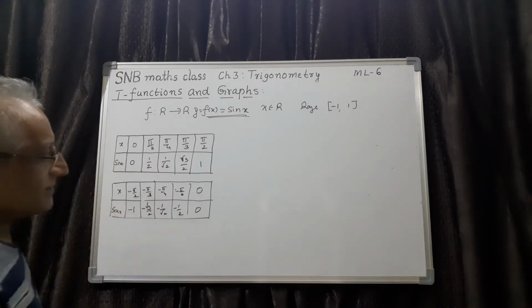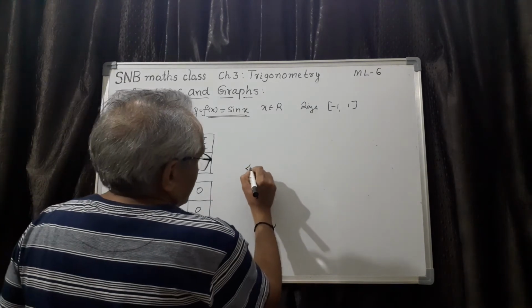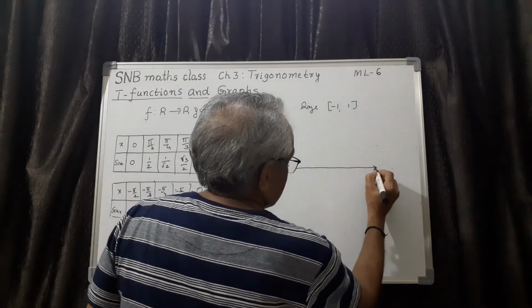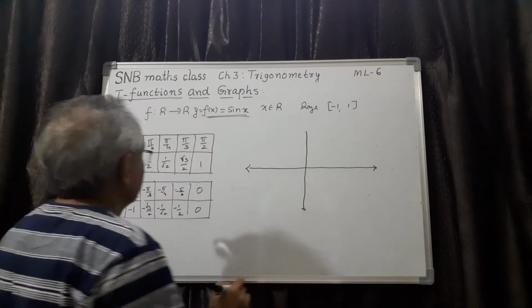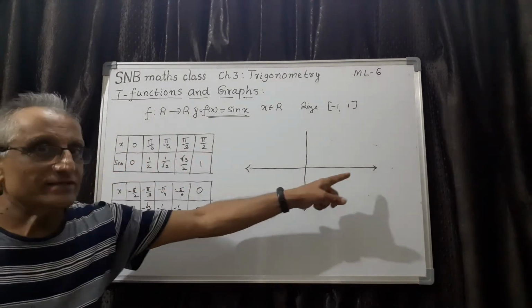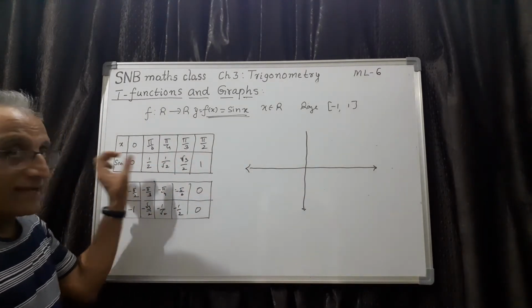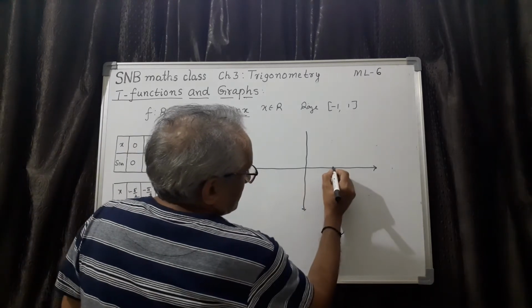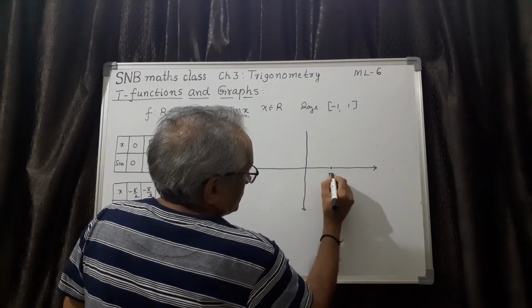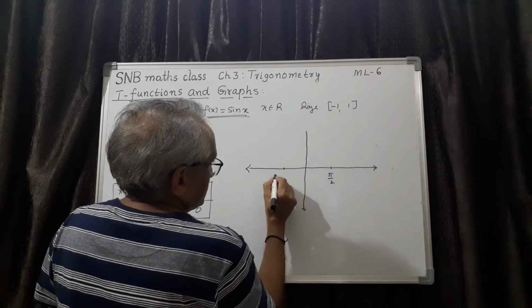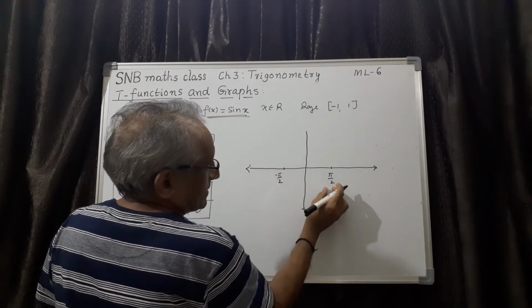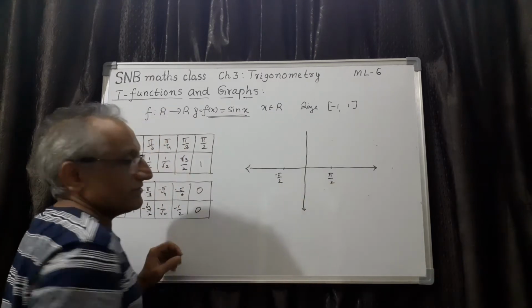Now how to draw the graph? What you have to do is, along the x axis you take radian measure. So instead of 1, 2, 3, write them in terms of angles. So let me take pi by 2 here, and here minus pi by 2, because this is the highest angle I have taken, and this is the lowest angle I have taken.